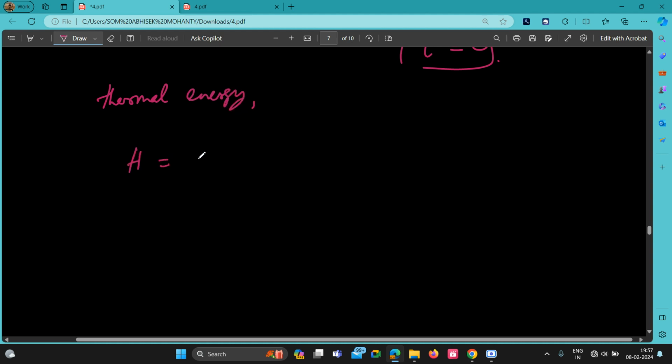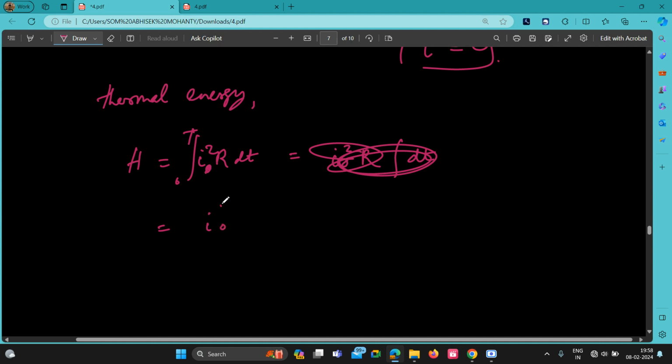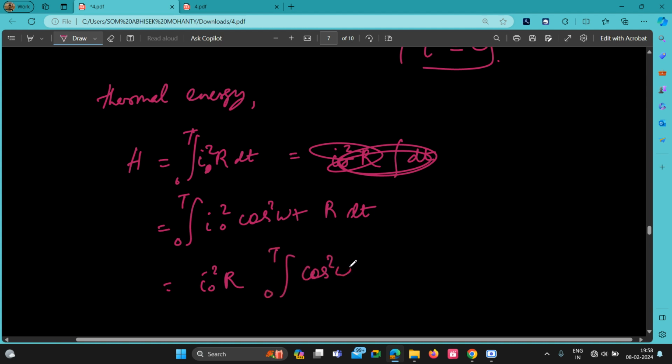H is equal to integral of I square R dt from 0 to T. I square is I naught square cos square omega t, R dt. What is cos square omega t? Can you tell me?